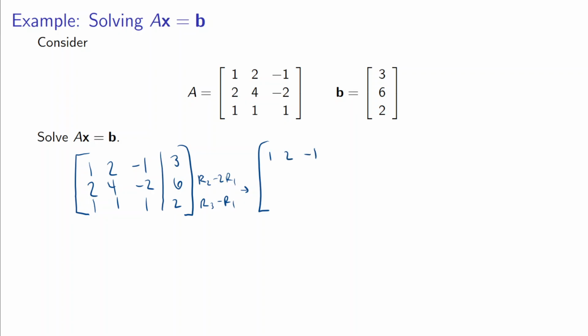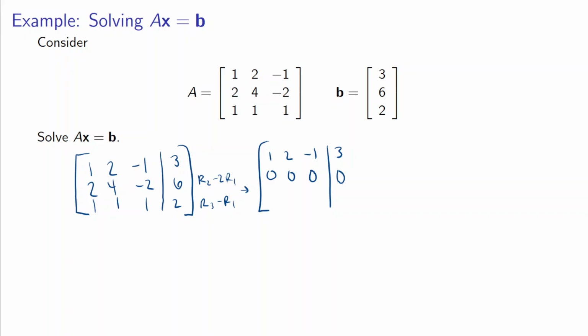1, 2, -1, 3, and then 2 minus 2 is 0, 4 minus 2 times 2, so 4 minus 4, that's another 0. -2 minus 2 times -1, -2 plus 2, that's another 0. And then 6 minus 6, so that's another 0. So we've got a row of zeros there.